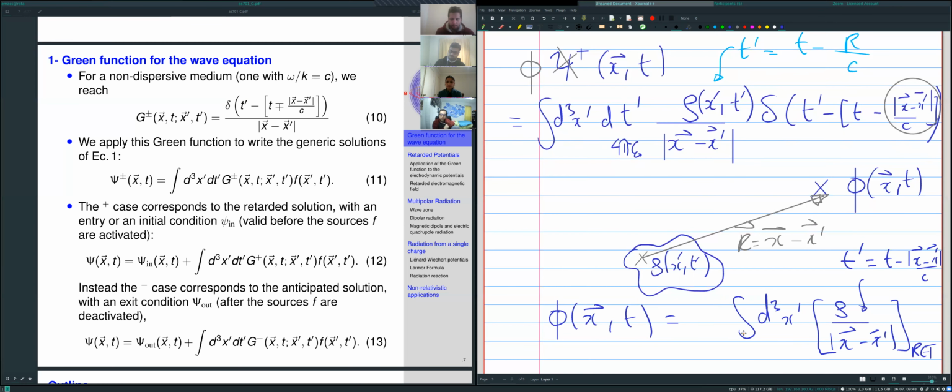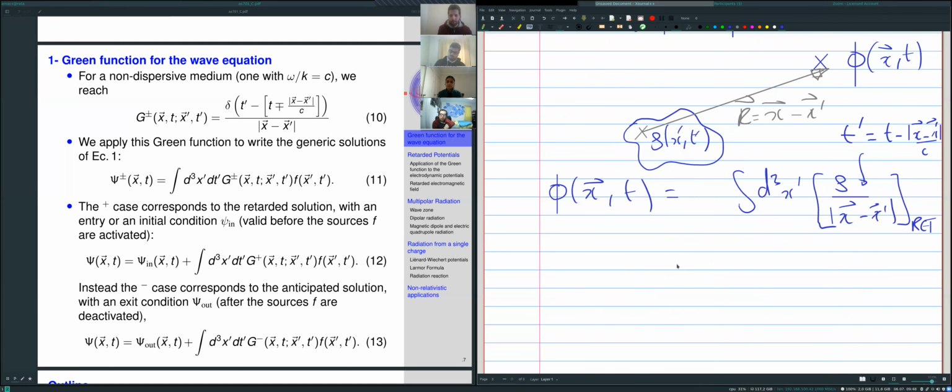And so, well, this is quite logical, in the sense that if we have sources moving around here, each of them is going to be producing this Coulomb field, and the superposition of those fields at some point in space is the resulting potential.